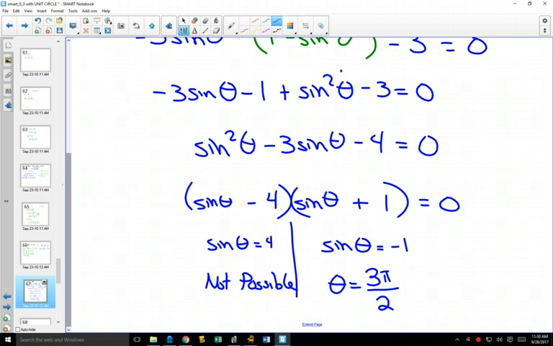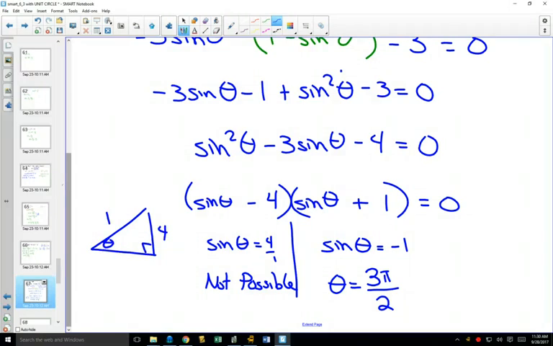For this, you have to go back to your grade 9, grade 10 trigonometry. What does sine mean? Sine is opposite over hypotenuse. So if I make this a fraction and I draw a right angle triangle with my theta, and I say my opposite's 4 and my hypotenuse is 1, what's wrong with that?